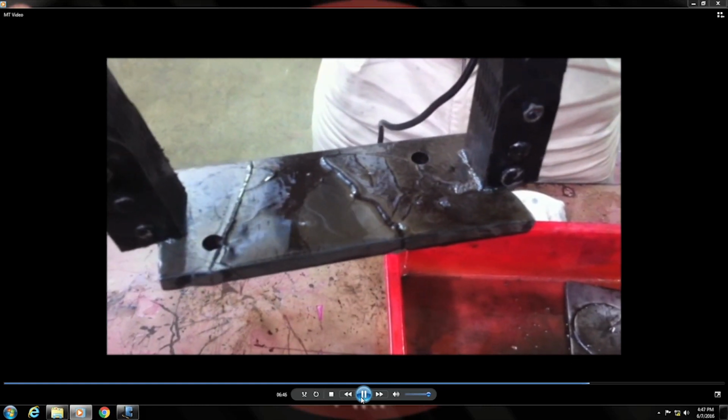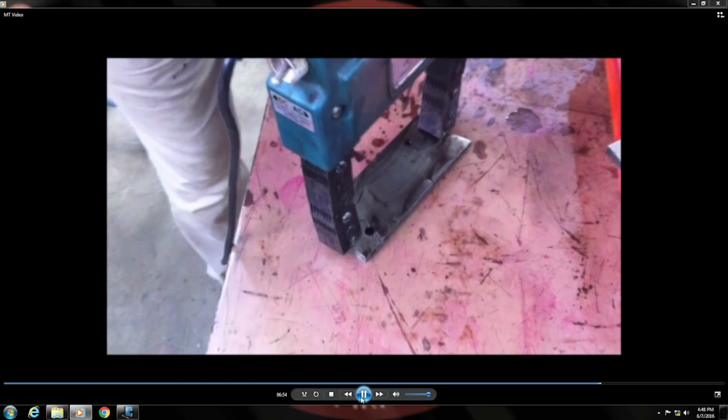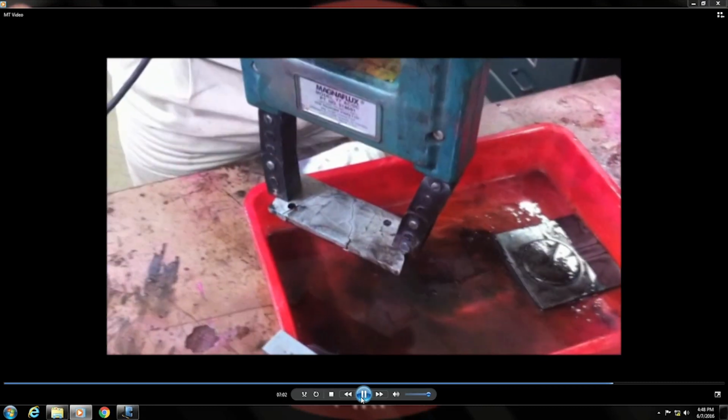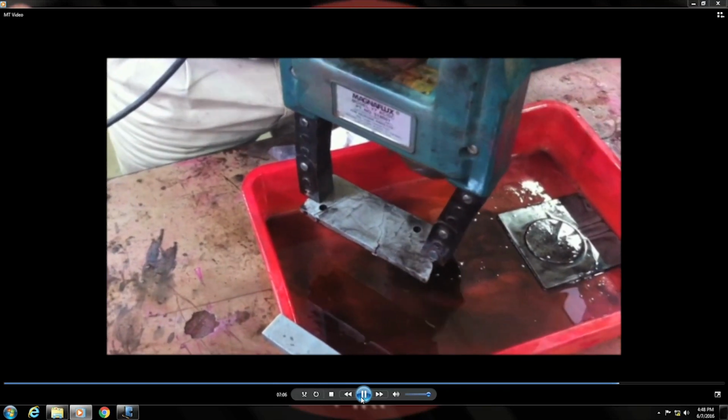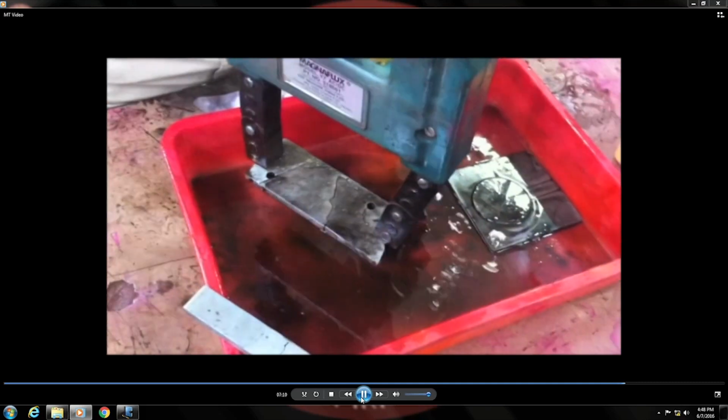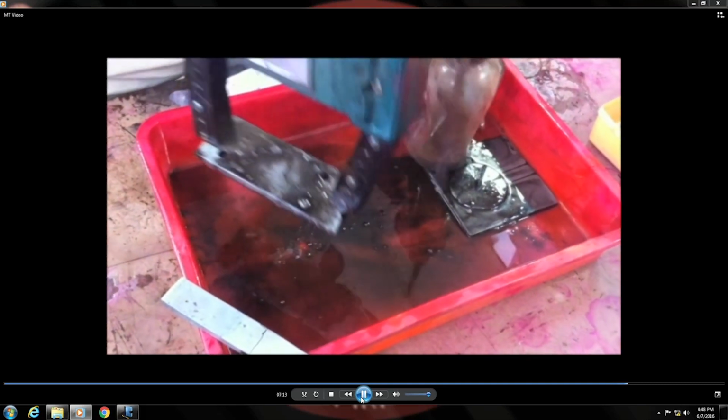So, there are a lot of cracks on this particular piece, and we will also magnetize it from other directions also, so that we would be able to make visible indications for cracks which are oriented in so many other directions. So, it is always advisable that you magnetize the part from different directions, so that you do not miss out on any crack which are differently oriented in different directions.